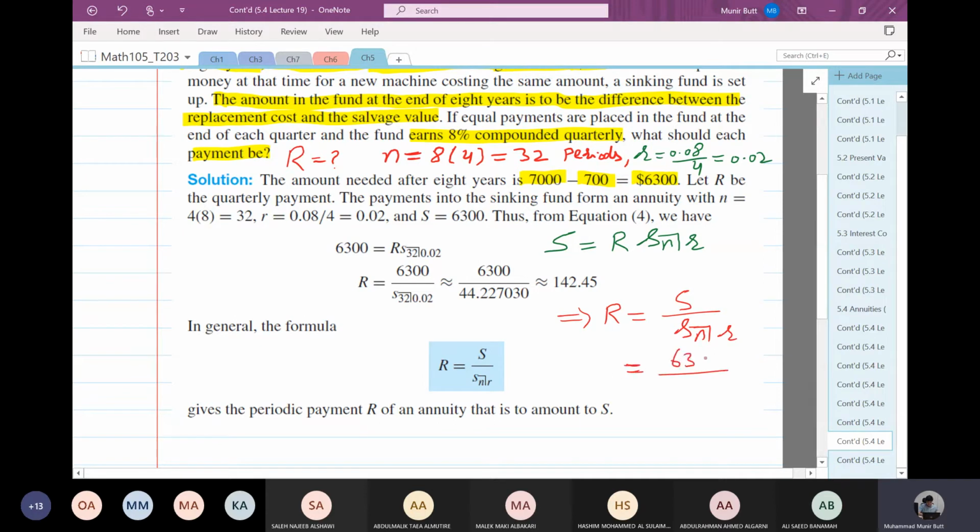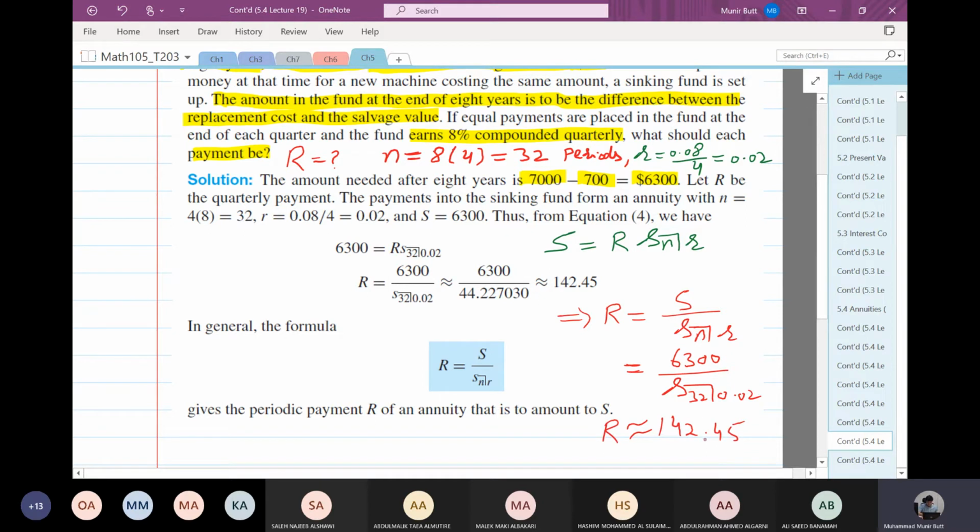The value after subtraction. And S is 32, and r is 0.02. You calculate this value from the table and you will come up that the final answer is 142.45.